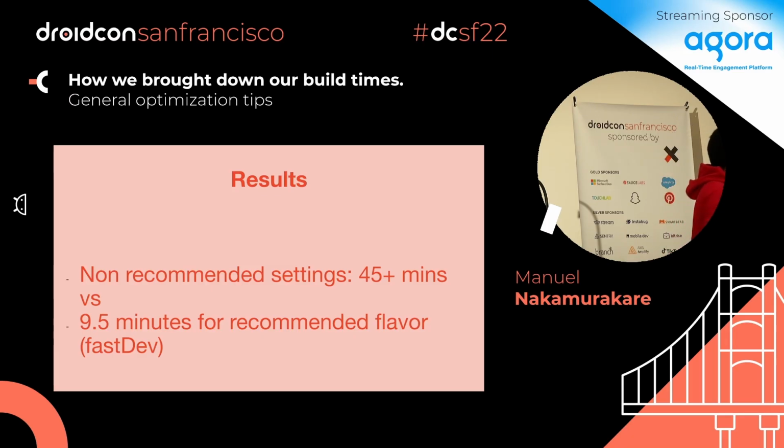They have to choose a couple of options in the IDE. So of course, many times people didn't choose the right setting and were having issues. So instead, what we did was we just disabled everything that was not necessary and made the recommended settings the default. And whenever you had that, you would get a build in 9 minutes, which is much better than the 45 minutes.